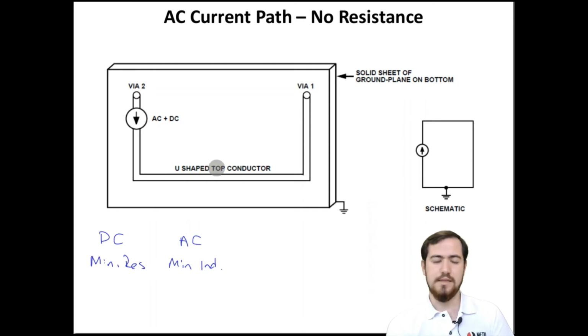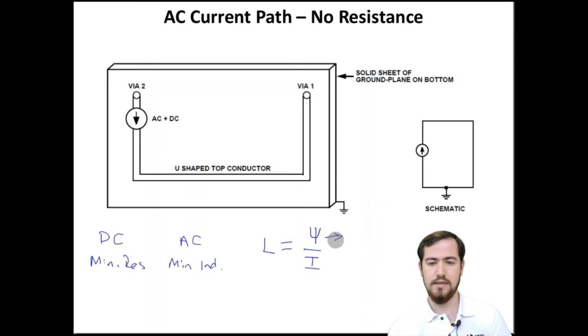So the question is where should we put our conductor to reach a minimized inductance? It totally depends on our flux linkage. As we all know, the inductance is defined as the flux linkage over current. So how can we minimize the linked flux for this returning current path?